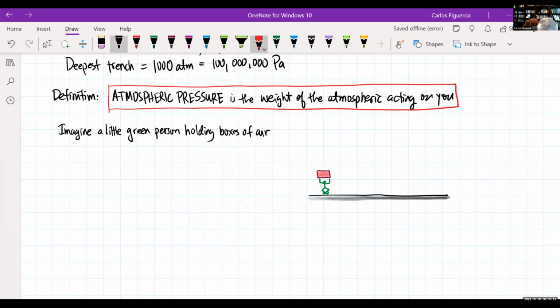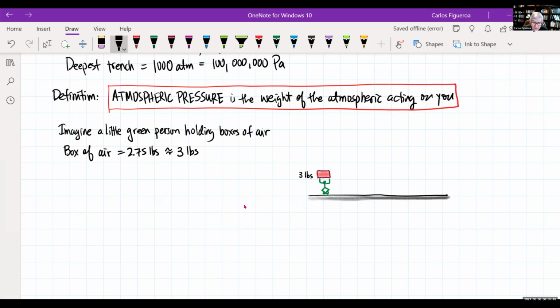And what we know about this is a box of air is 2.75 pounds, but we're going to approximate this to 3 pounds, just because it makes it easier to deal with. So this person at this point is holding about 3 pounds. Now, you could imagine here that each box represents 1 meter of atmosphere.